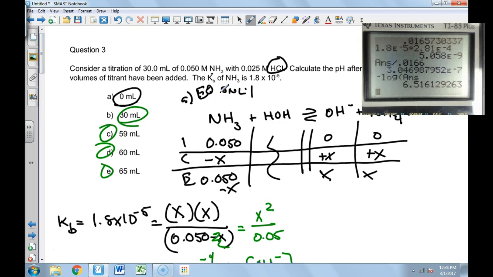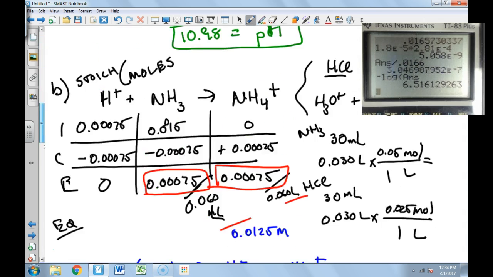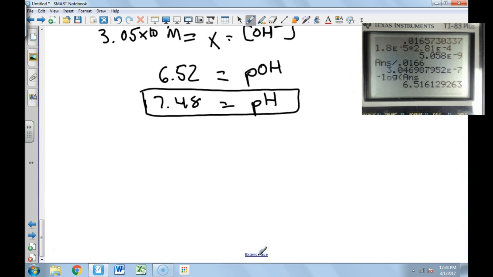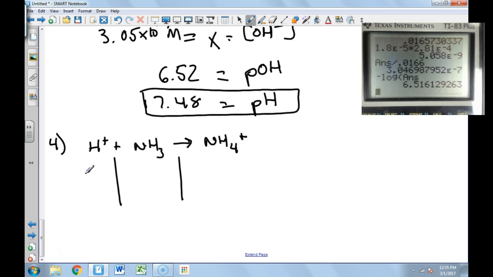So now we did this one. Now we're going to do 60 milliliters. Okay, so now with the 60 milliliters, that should be right at the equivalence point. Again, I can't say it enough: same reaction. So it's the acid plus the base reacts to form the conjugates. Okay. So now let's do our stoichiometry ICE chart.